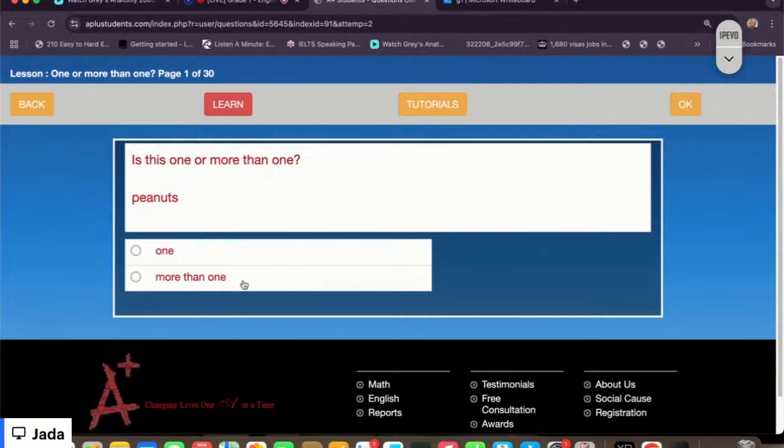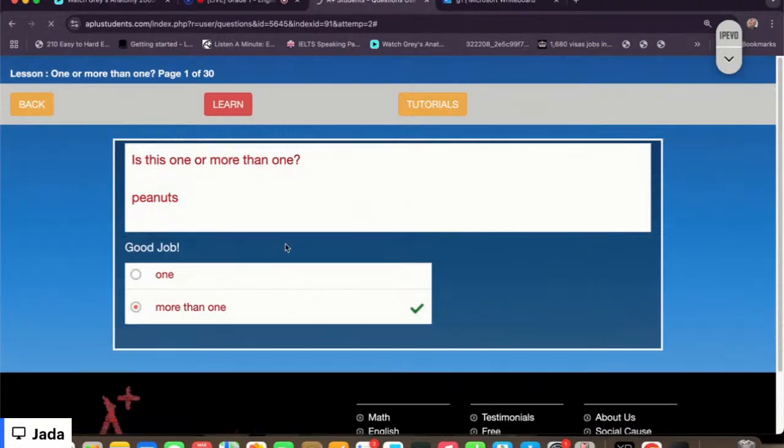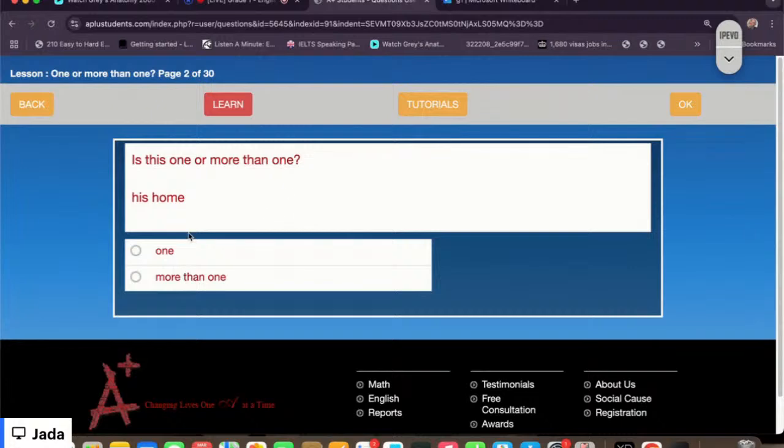Okay, so peanut is more than one, because the peanut is with s. Alright, so is this one or more than one? His home. What would this one be?